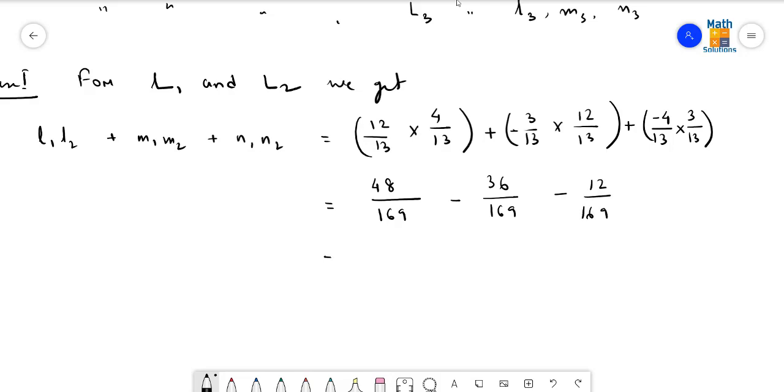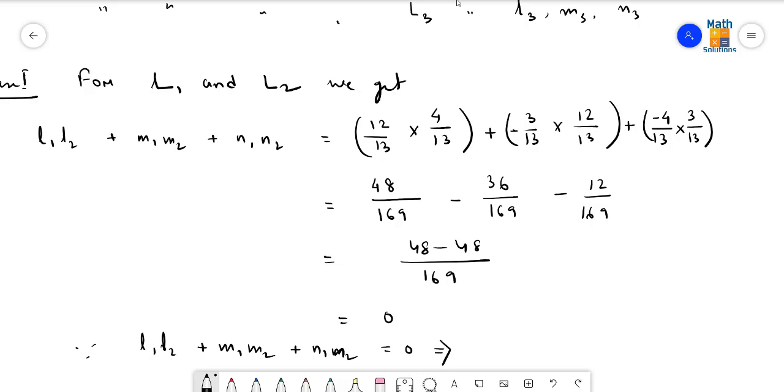So ultimately 48 minus 48 by 169, the result comes as 0. This will imply, since l1 l2 plus m1 m2 plus n1 n2 is equal to 0, that L1 is perpendicular to L2.